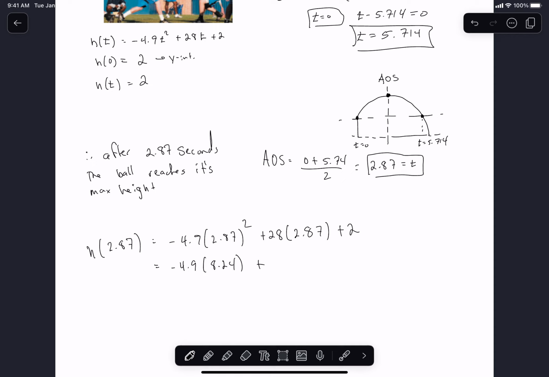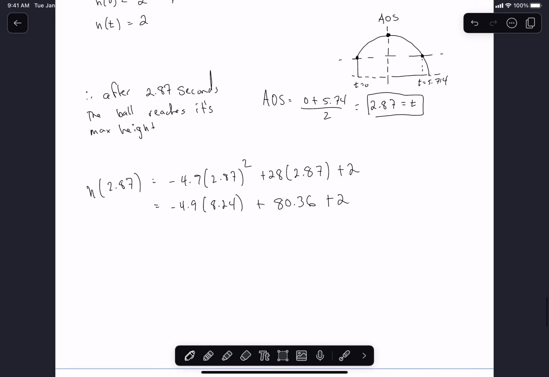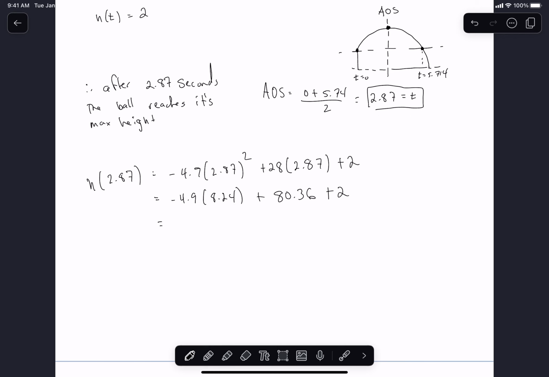Plus 28 times 2.87 should be 80.36, and then plus 2. So we've got one more line here, and then we'll add everything up. Negative 4.9 times 8.24 should give us a product of negative 40.38, plus 80.36, plus 2.